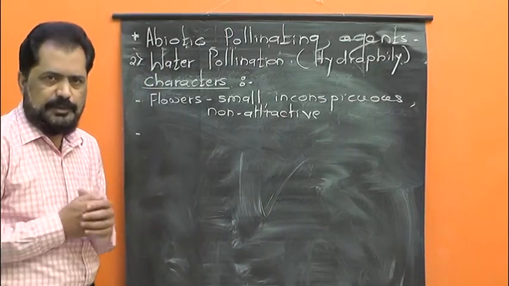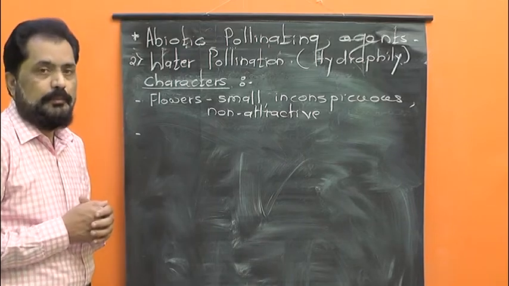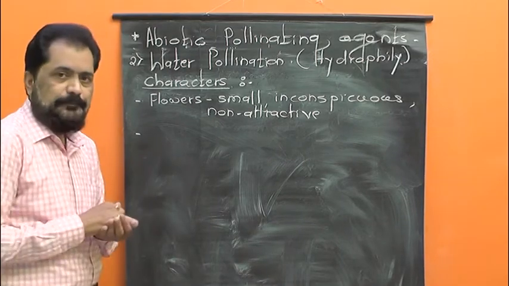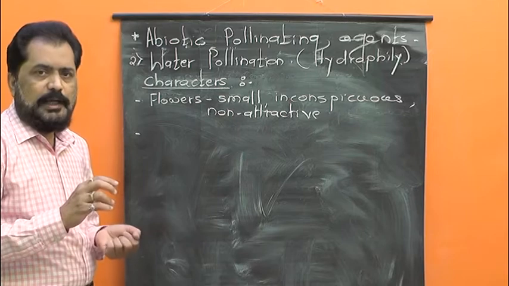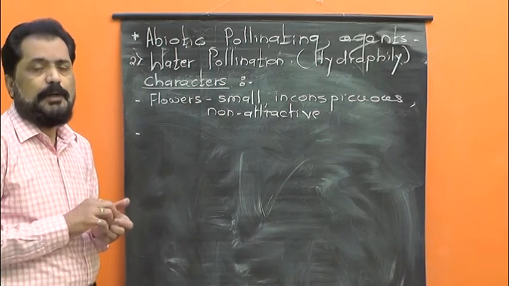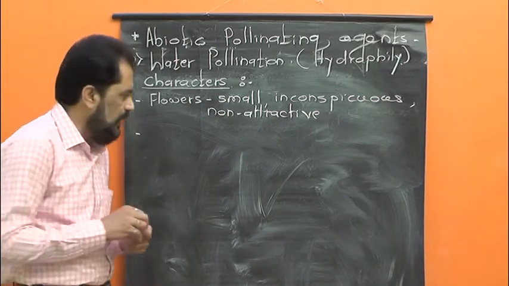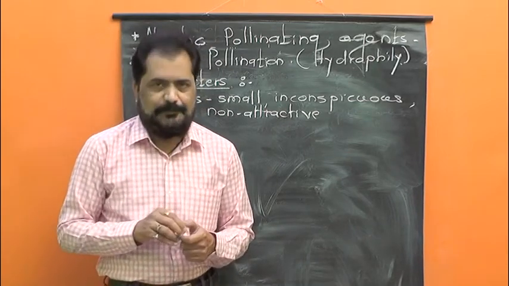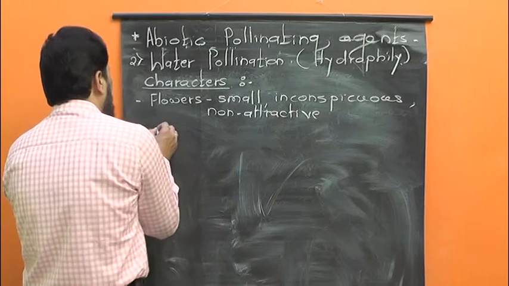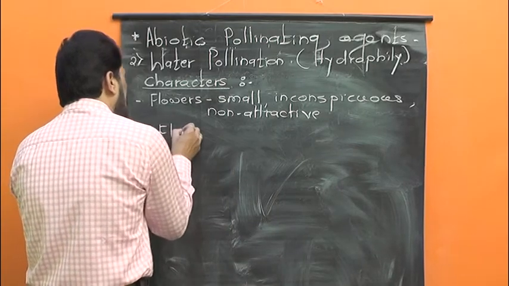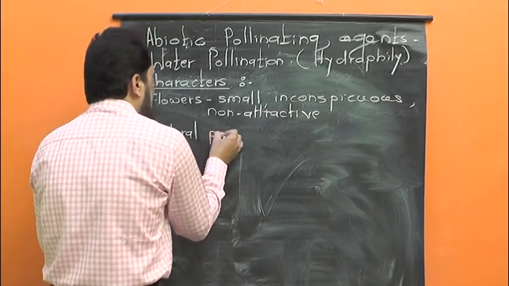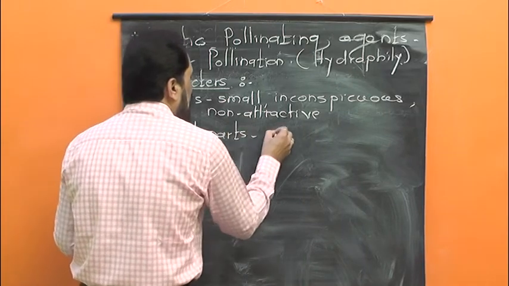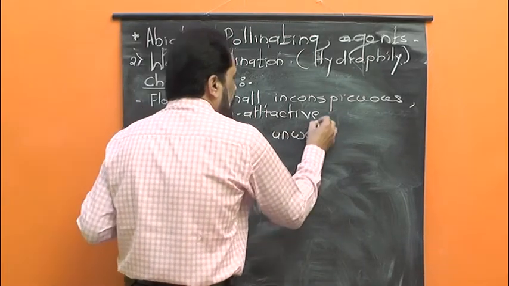One more general character shown by hydrophilous flowers: the calyx, corolla and all other floral parts are unwettable. Let me write. Calyx, corolla and all other floral parts are unwettable.